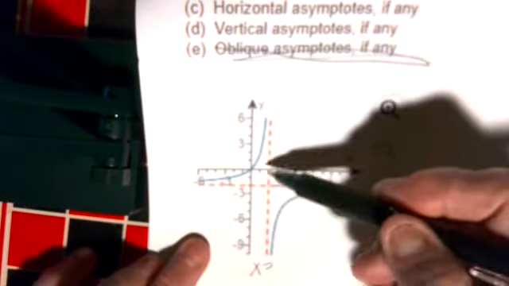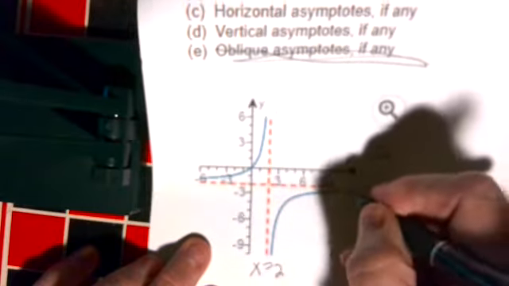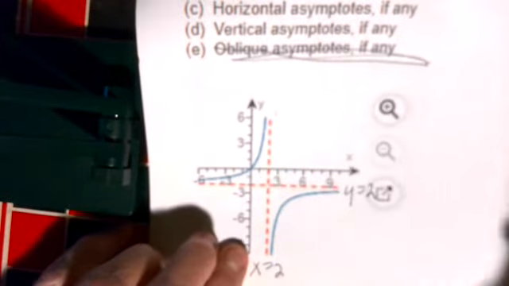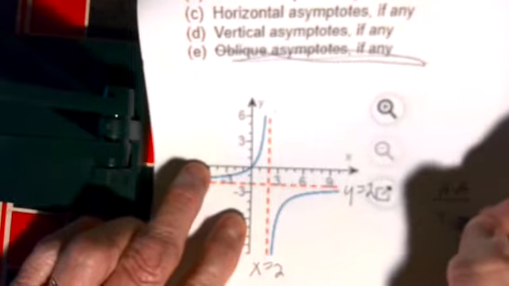Vertical asymptote is going to be a vertical line at x equal, let's see, it looks like x equal 2. And it's got a horizontal asymptote. It looks like this line is getting closer to y equal 2. So y equal 2 is the horizontal asymptote.